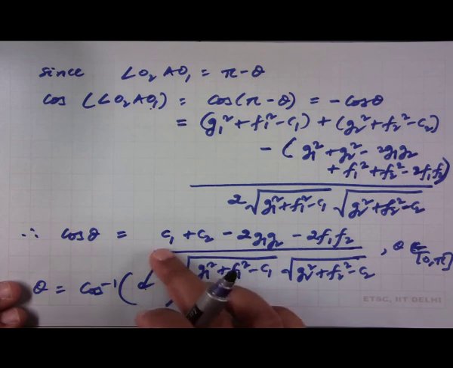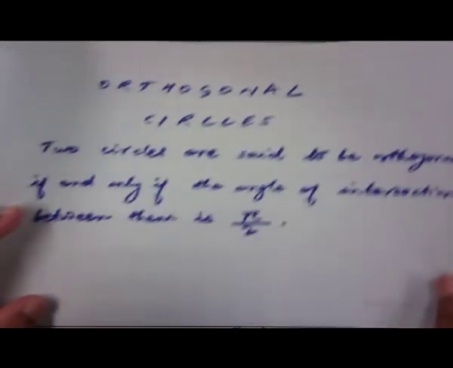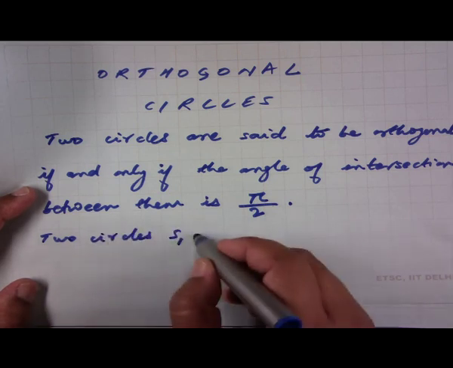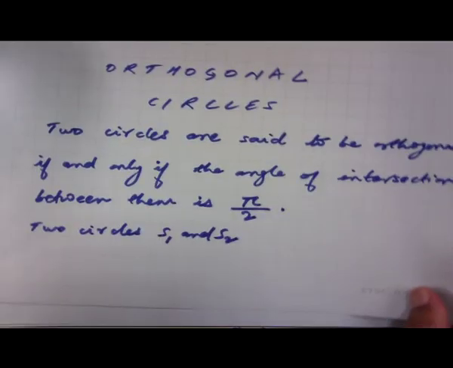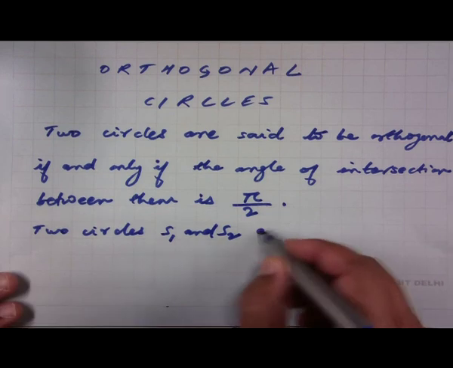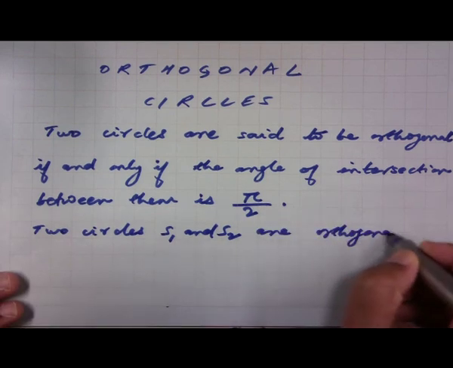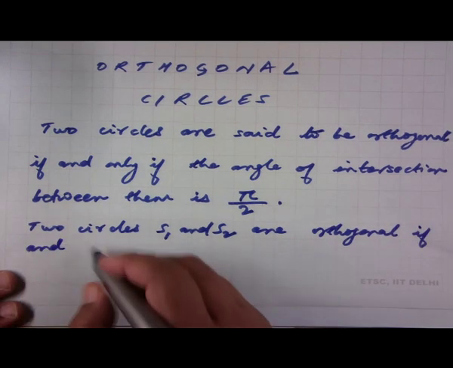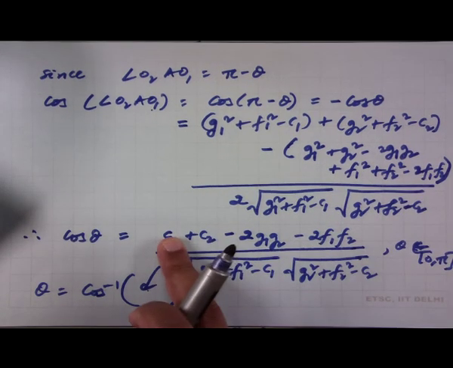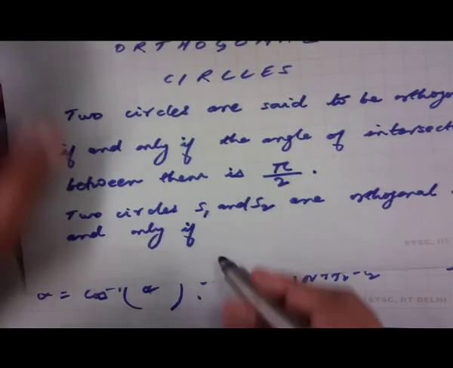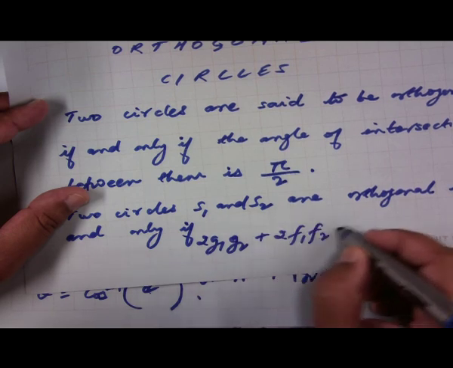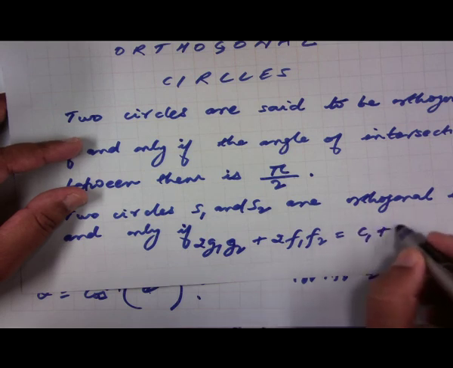So, therefore, the condition is that two circles S1 and S2 whose equations are given here are orthogonal if and only if this expression is 0, which basically means that 2 G1 G2 plus 2 F1 F2 equals C1 plus C2.